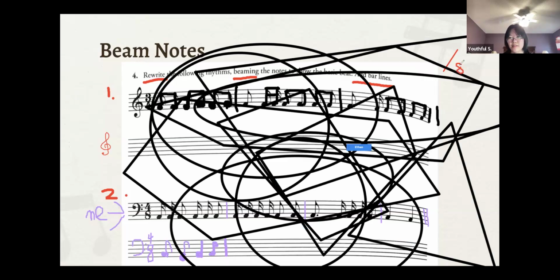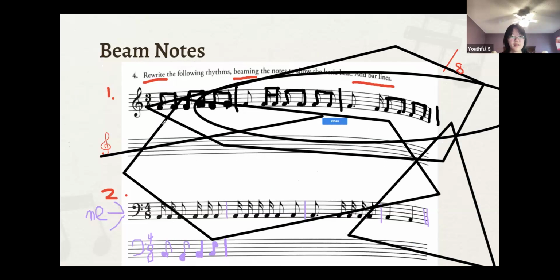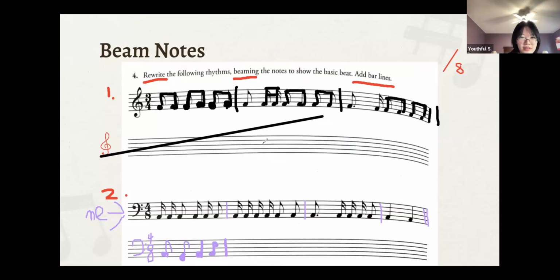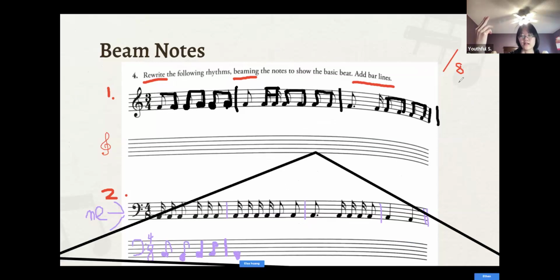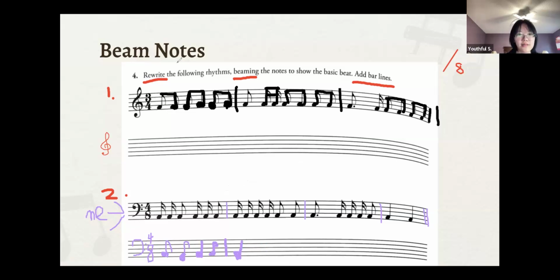No more shapes. I'll mark yours. So, the 4 marks: 1 mark for rewriting, another mark for your bar lines, and 2 marks for your beaming. Okay, let's see.